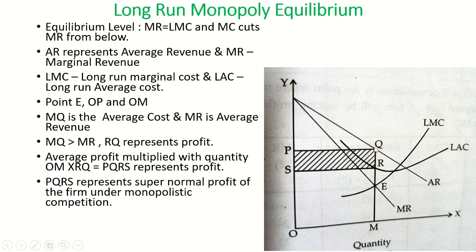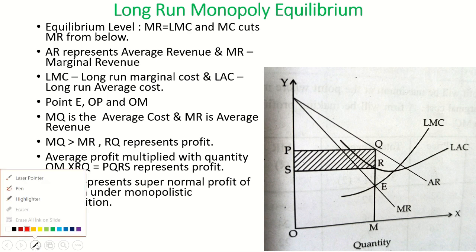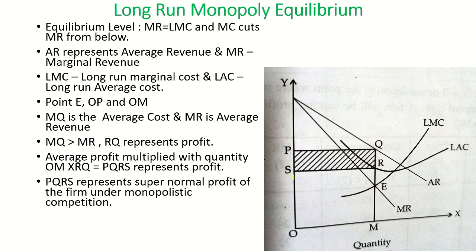Actually it's the same as the short run marginal cost, because the markings are the same. AR means average revenue, MR means marginal revenue, LAC means long run average cost, and LMC means long run marginal cost.